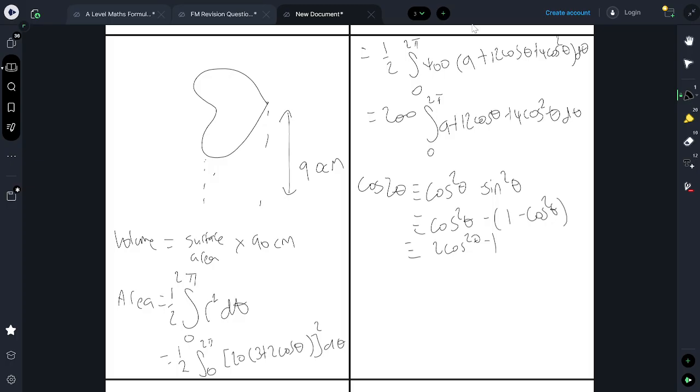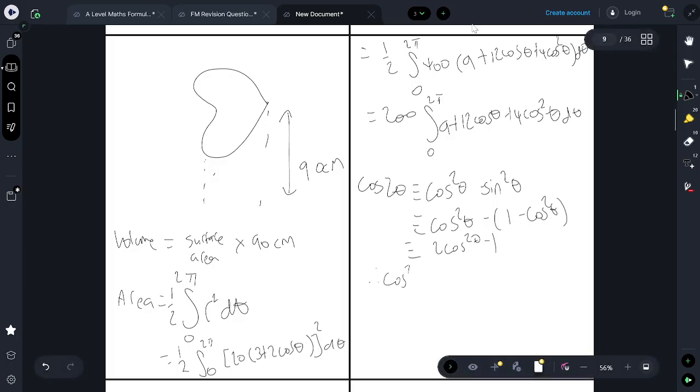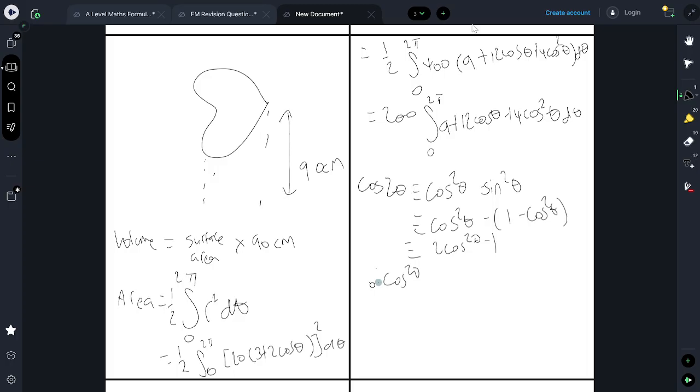And then that would mean 2 cos squared theta would be cos 2 theta plus 1. But what does that mean? Well, the area, then we can substitute this in for cos squared.